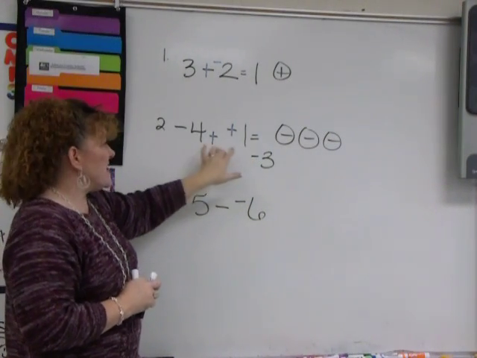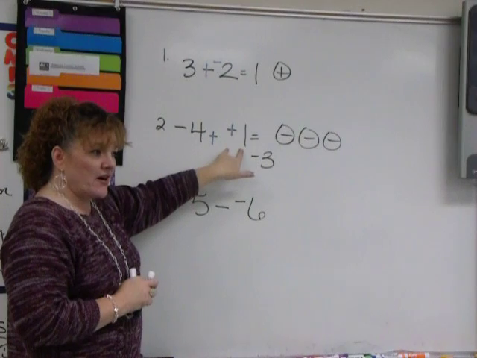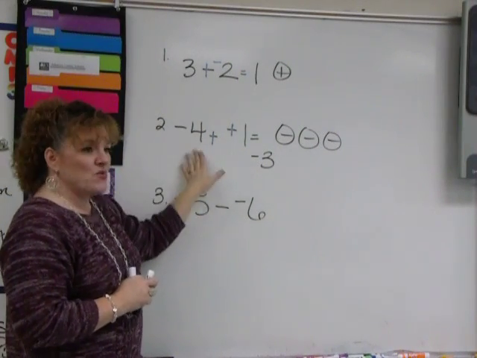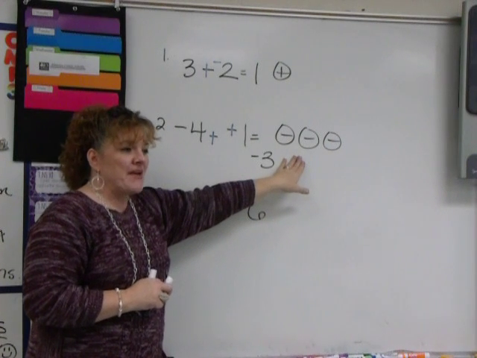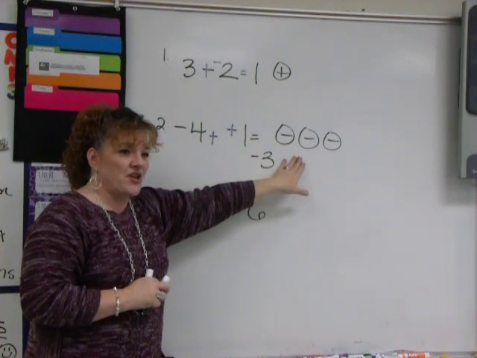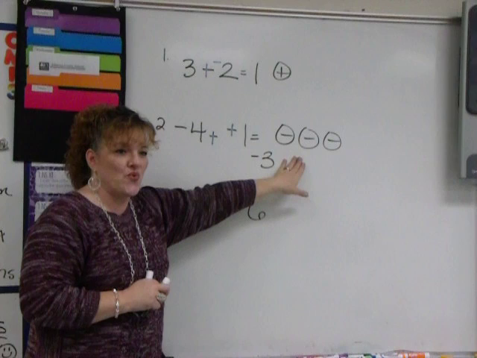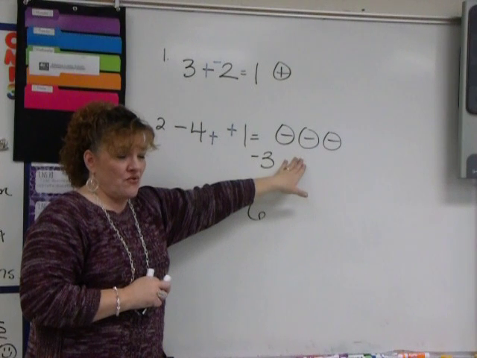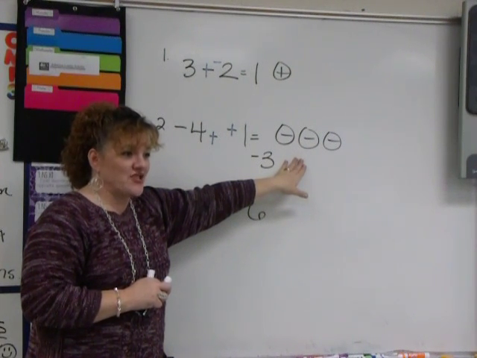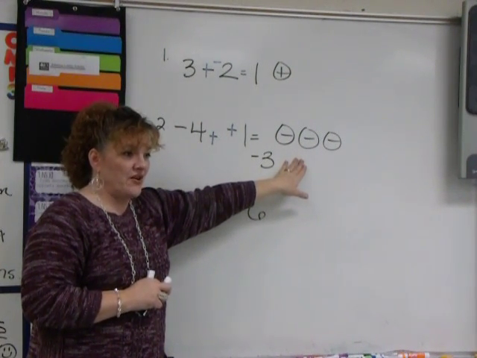So again, when these numbers get to be so much bigger, they get to be decimals or fractions, you're not going to be doing this strategy. But it is a good strategy to show you and explain why the rule works. You're going to use decimals and fractions with negatives this year, and it is on your 7th grade EOG.